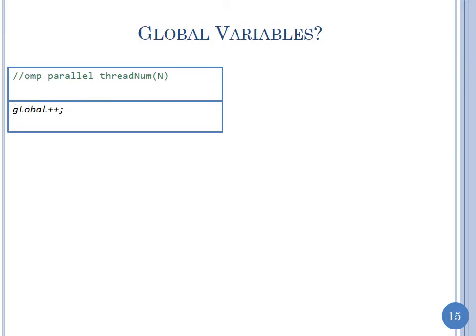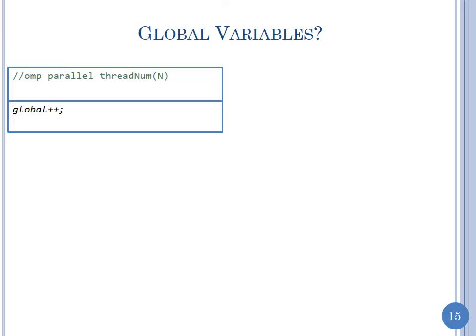So what if I was doing a global plus plus, where global is a variable declared in the class that is being parallelized? So this statement occurs in some class that might have instance variables, static variables, and we are trying to parallelize arbitrary statements. And I want to go and say, OMP parallel thread num.